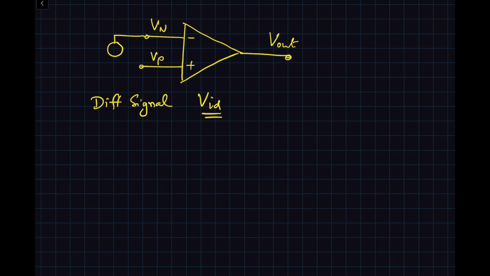I can just draw a voltage source that looks like this, and that would be my VID. So we know the difference Vp minus Vn is VID. However, we don't know what actual voltage Vp or Vn is, or what it is referenced to. We only know the difference between Vp and Vn.